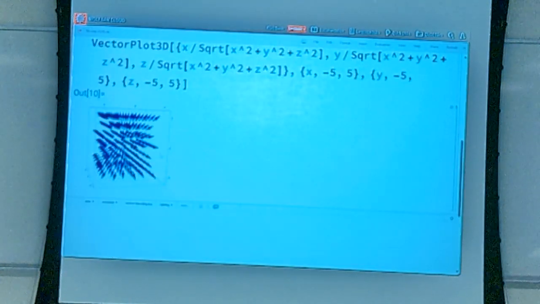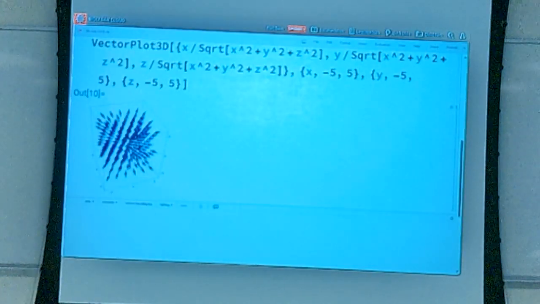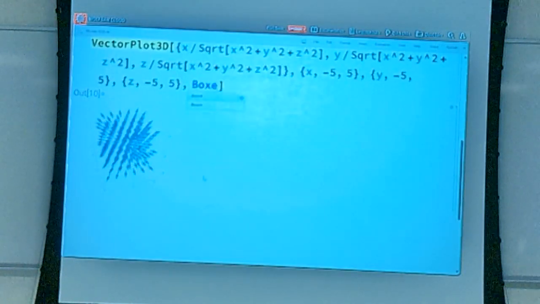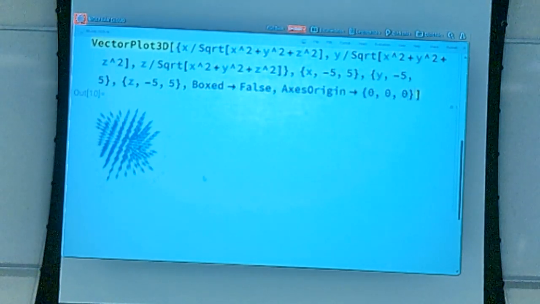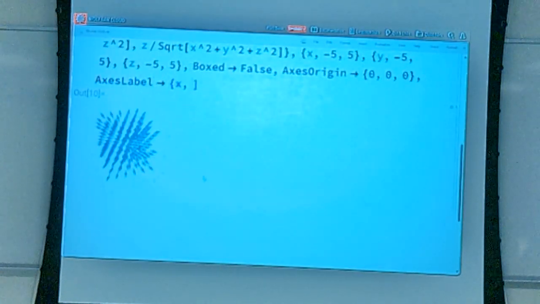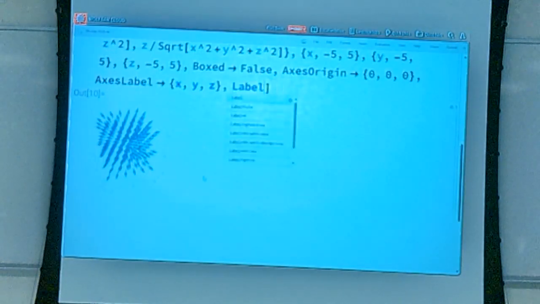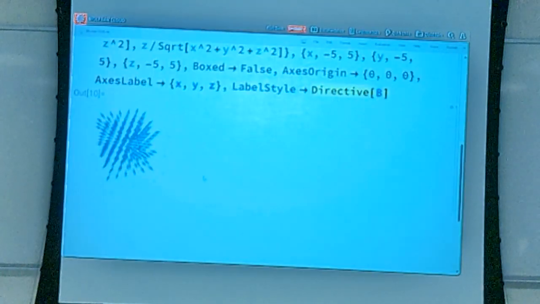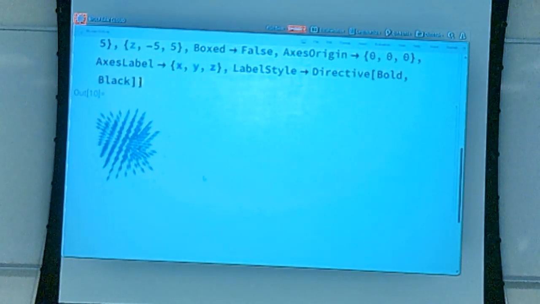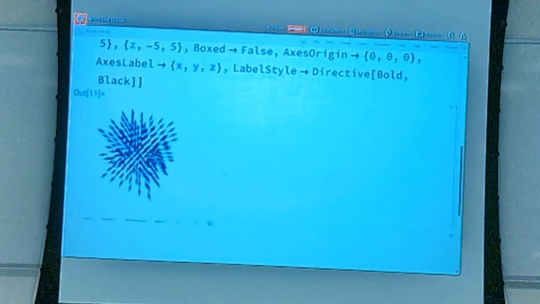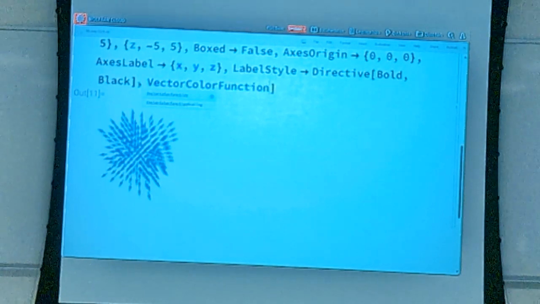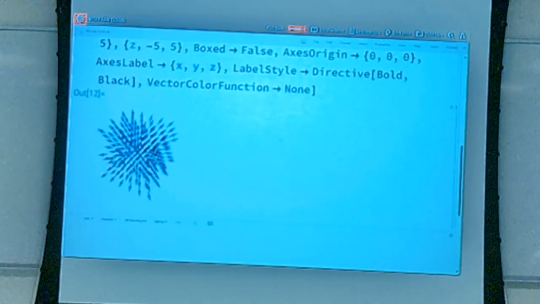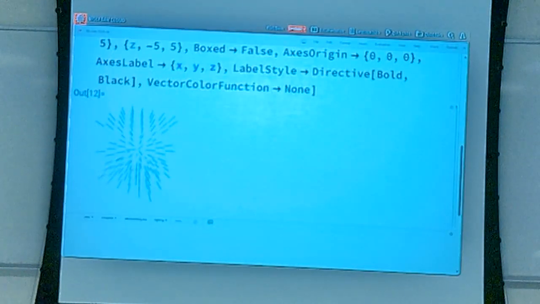Rotate it. Yeah, not my cup of tea. I don't like it being boxed like that. That actually still makes it really hard to see the axes, doesn't it?